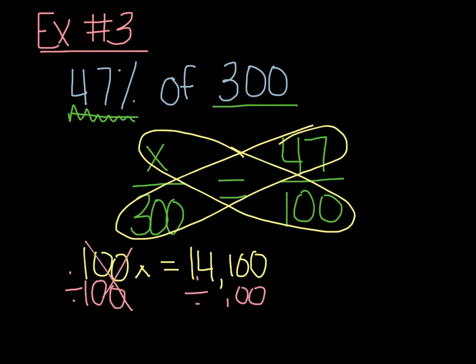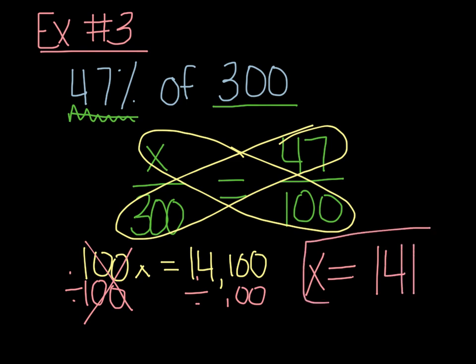This cancels itself out. So we have x equals, we do 14,100 divided by 100, and we get 141. So 47% of 300 is 141.